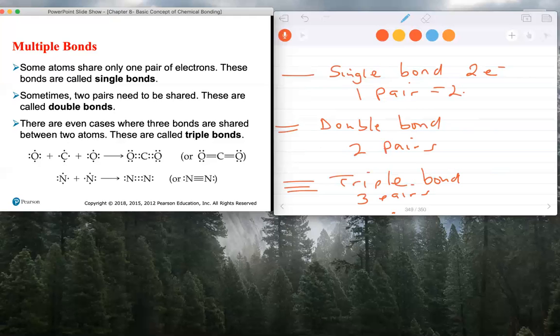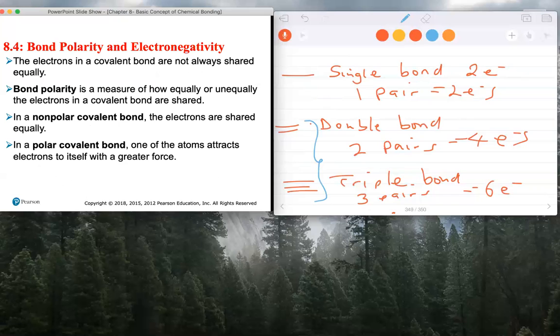So this has 2 electrons, this has 4 electrons, and this has 6 electrons. You need to know the difference between the multiple bonds. These are multiple, double or triple. Any question on multiple bonds? What do we say, double bond, triple bond? I know you know this.